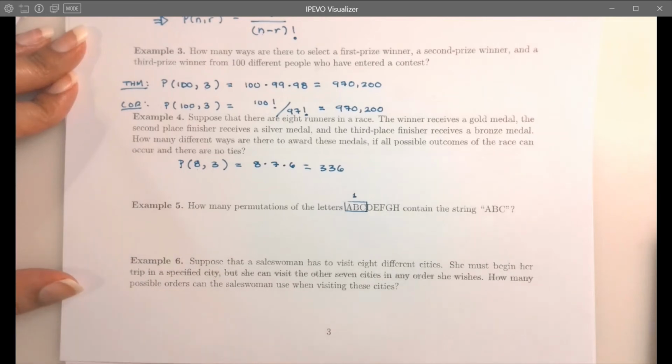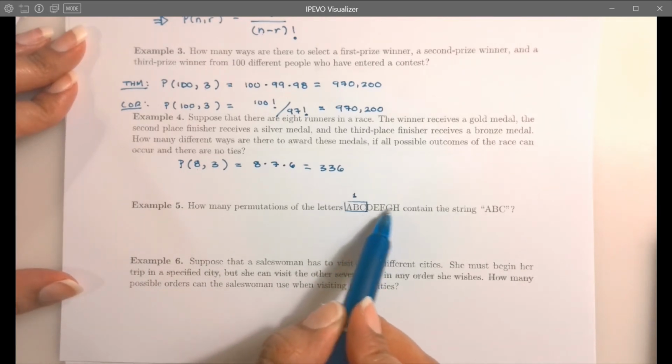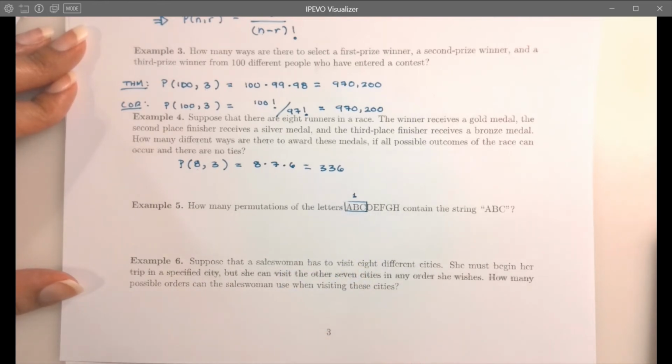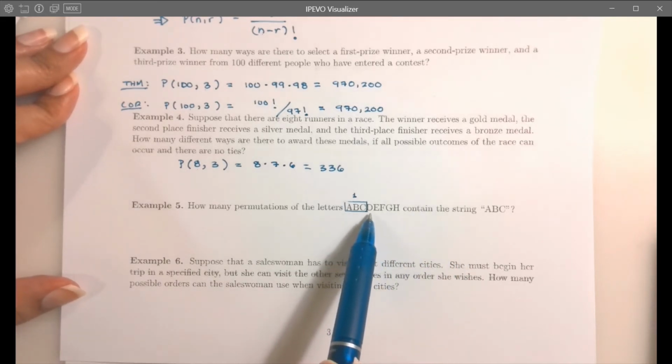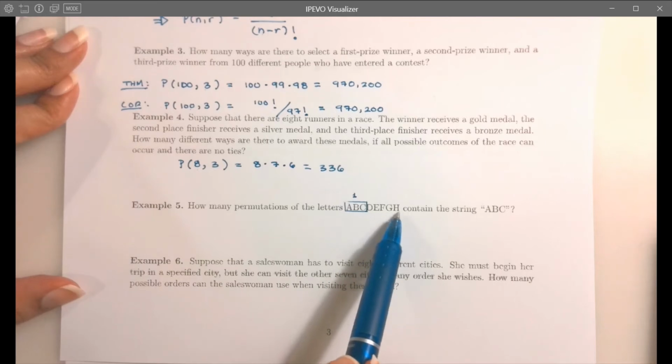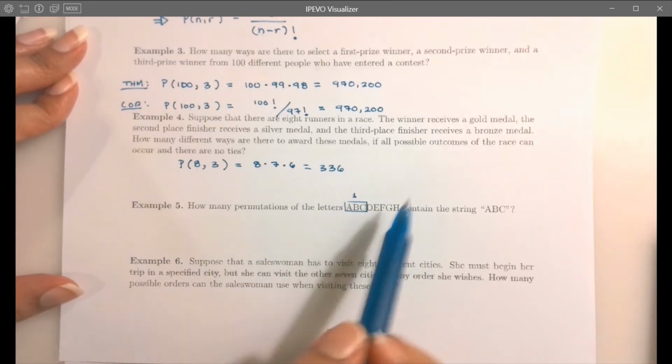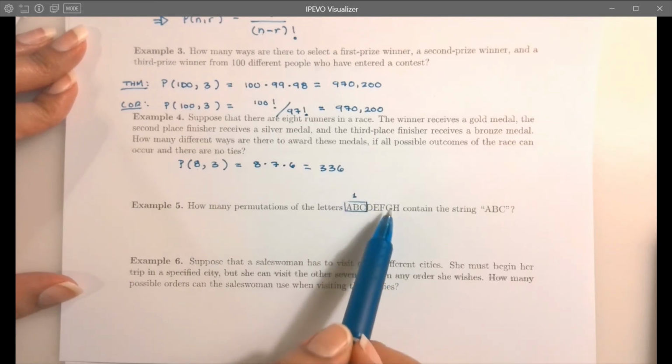And so that way we just permute all the other letters, and A, B, C, we want to see how many different ways are there or how many different strings exist with the D, E, F, G, H permuted and the A, B, C sticking together, and of course appearing at different positions amongst the rest of the letters.